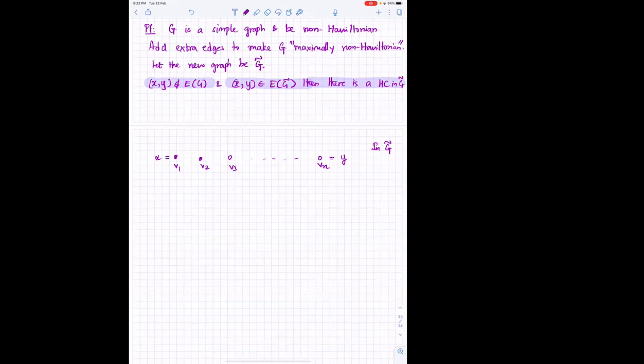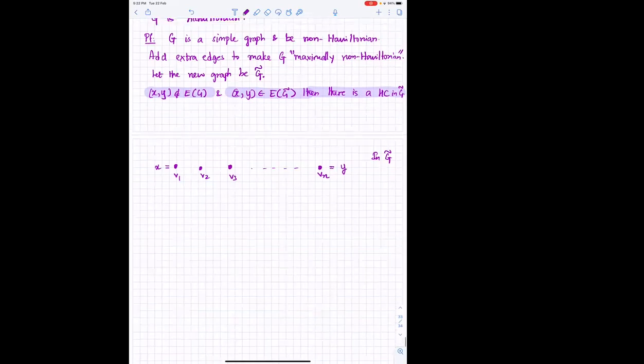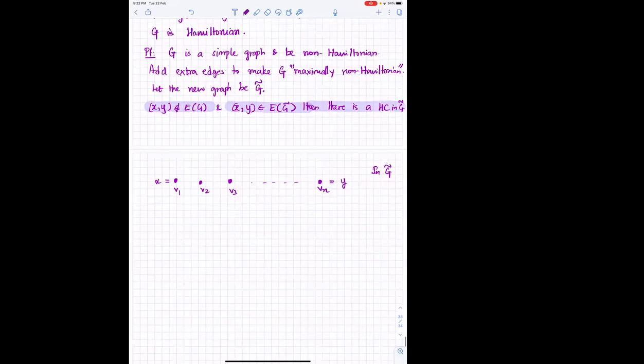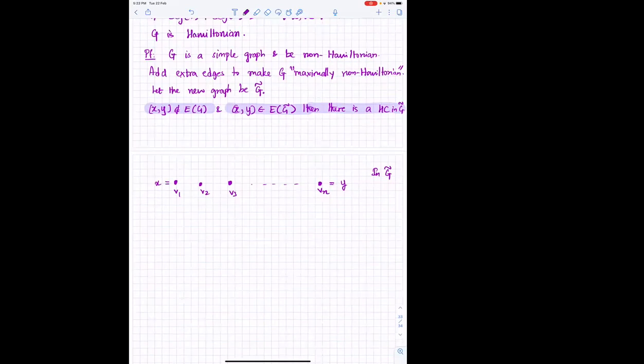Ma'am, we can have a complete graph from v1 to v(n-1) and then connect vn to just one node, and we'll have a graph which isn't Hamiltonian, but will become one if you add another edge. Okay, so what you're saying is we can make the graph a complete graph, and then remove one portion so that it is not Hamiltonian. Yes, but it depends on what graph you are given.